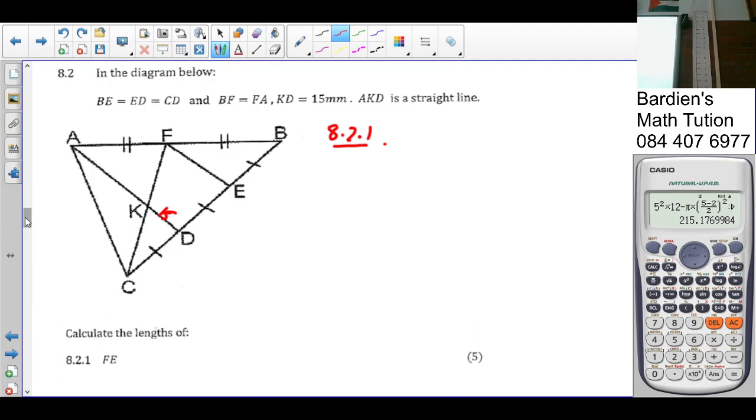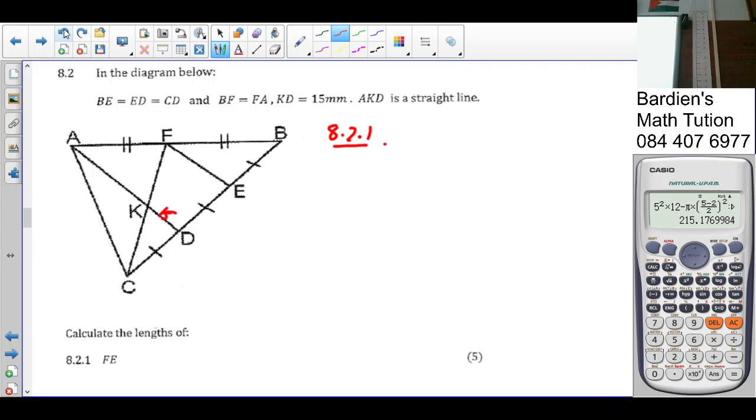Alright, so FE. What do we notice here? What can we use here? Midpoint theorem. 5 marks. So firstly, for the midpoint theorem, we needed to know that's equal to that, which we don't know at this point.